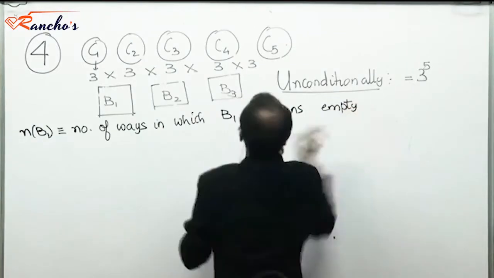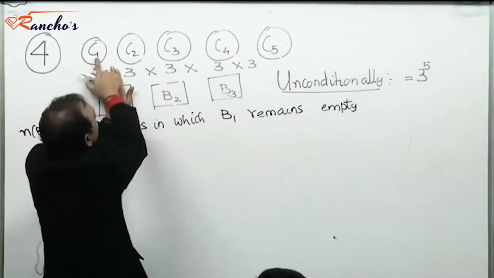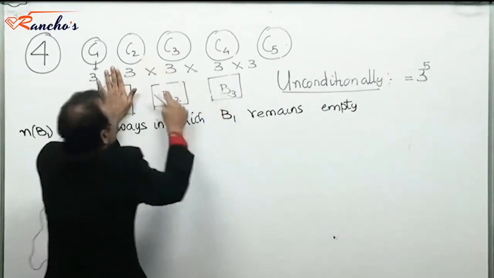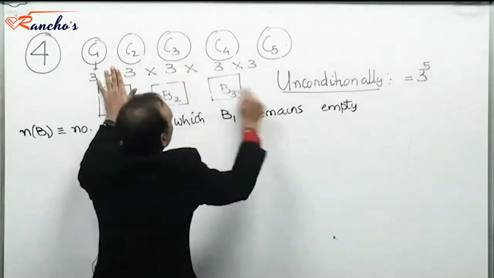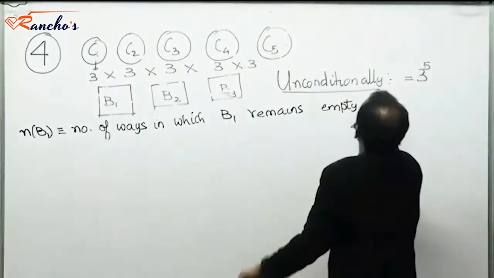That means B1 is excluded. So each of these balls could be arranged in 2 ways, in B2 or B3. C2 in 2 ways. C3 in 2 ways. C4 in 2 ways. C5 in 2 ways. So 2 into 2 into 2 into 2 into 2. That makes it 2 to the power 5.